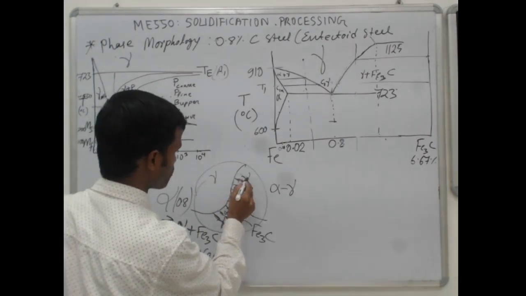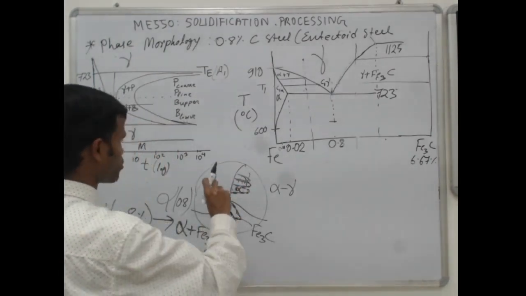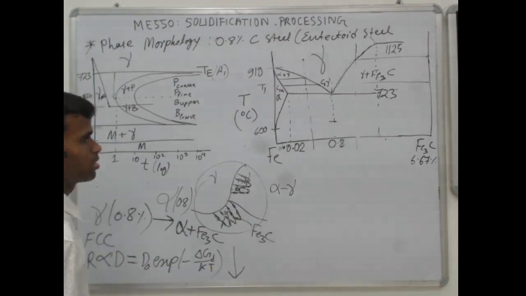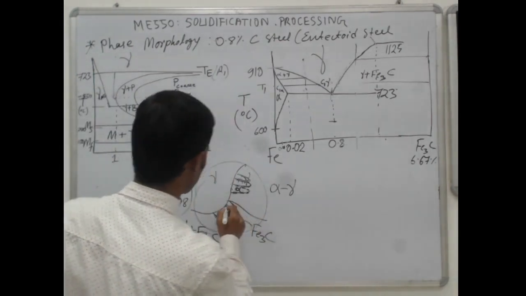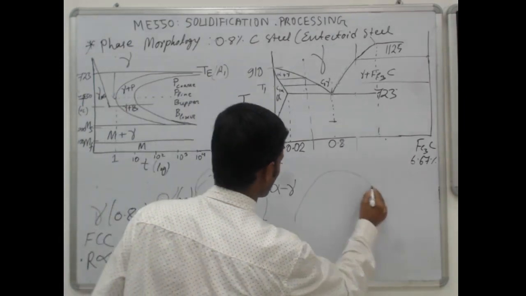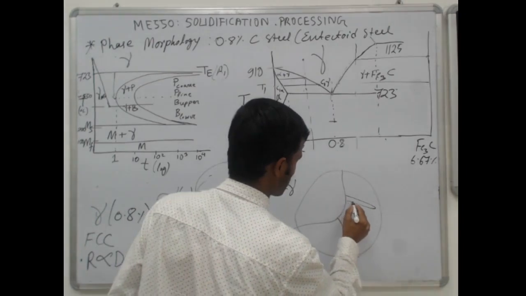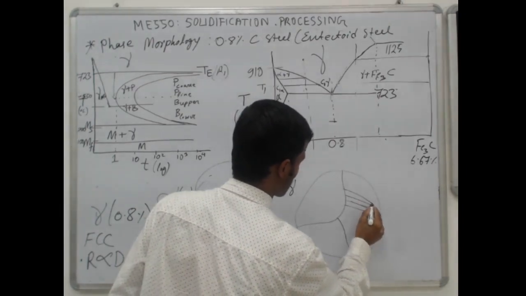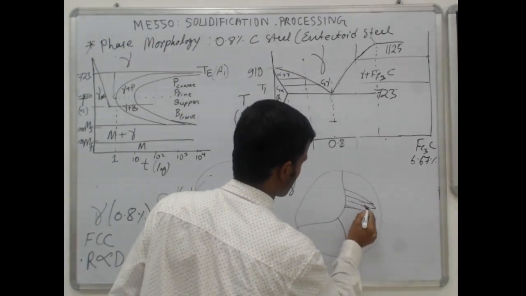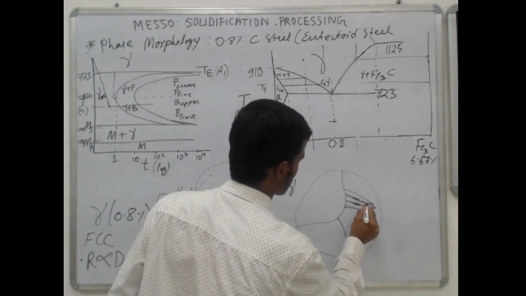And this way the growth will continue, and here it will not be parallel, it will be like an acicular structure. So the structure will finally be like this, you will have different types of inclined structure. At the boundaries you have cementite.